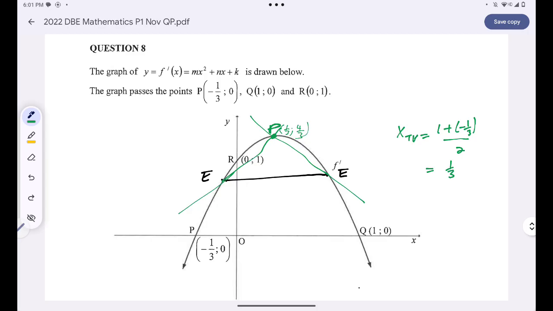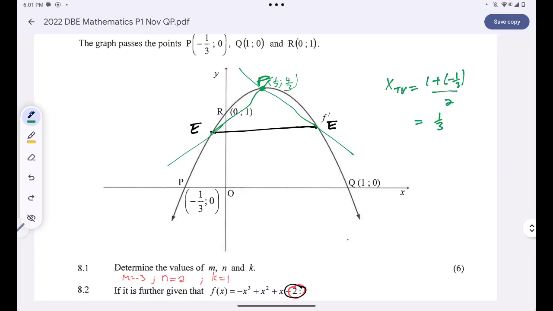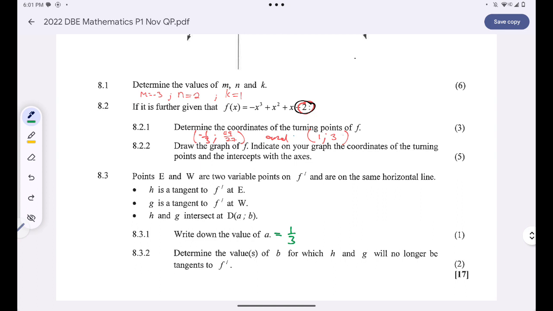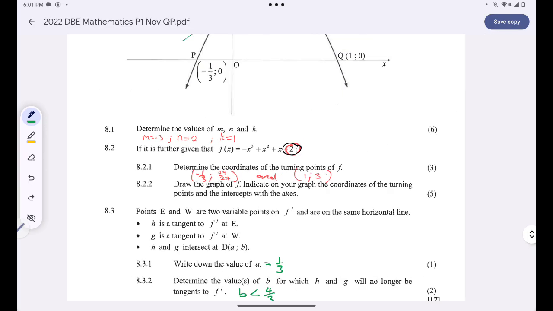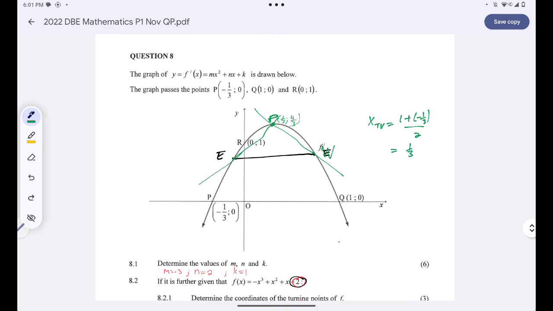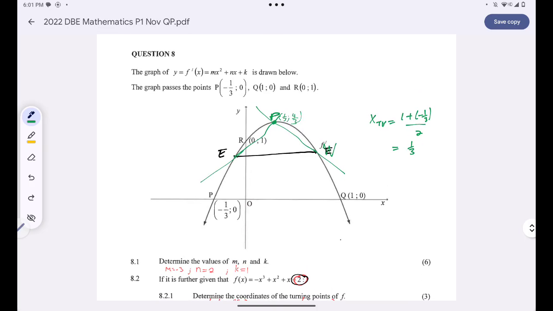So since we are dealing with the variable points E and W, it simply means that the value of B can be anything which is less than 4 over 3. So that's how, guys, we would have tackled question 8.